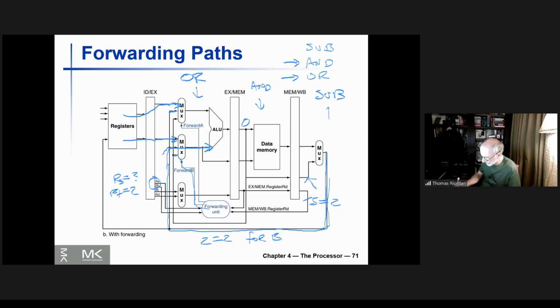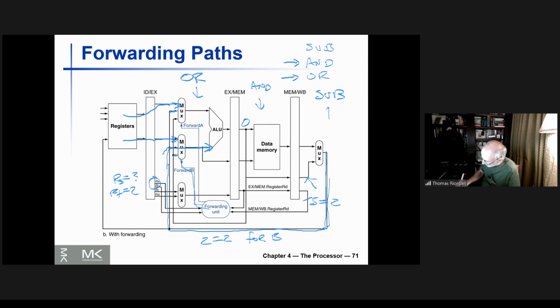He changes where these arrows come from. So you have to note that carefully when you answer the questions about where stuff has to go. Don't assume that he follows this nice, simple convention of where the arrows go into the muxes. Sadly, he did not for some reason.